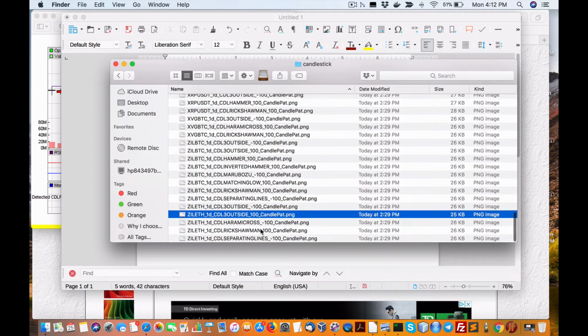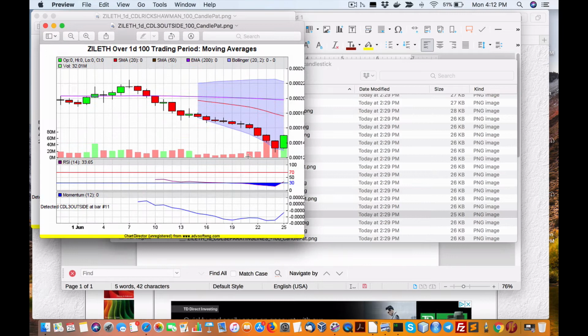So separating lines, the 3 outside one. So that's bullish. 3 outside. So again, that's at bar 11. So 1, 2, 3, 4, 5, 6, 7, 8, 9, 10, 11. I don't know.